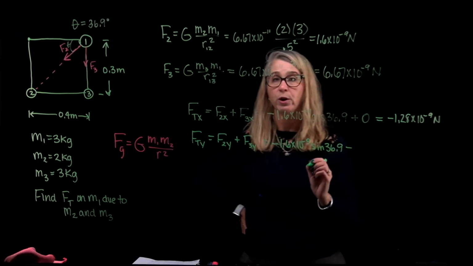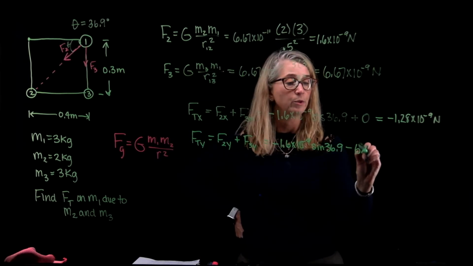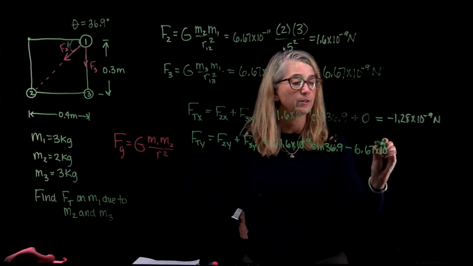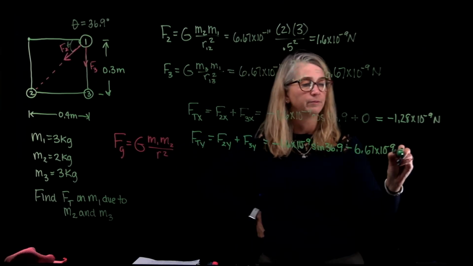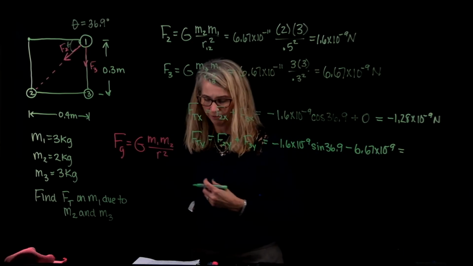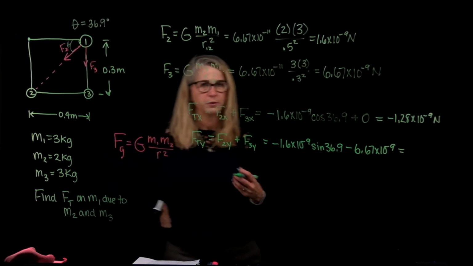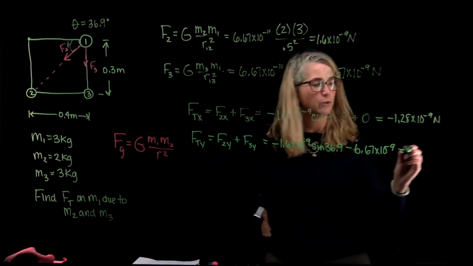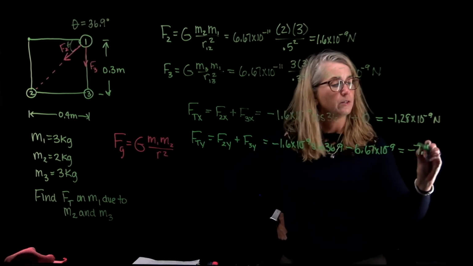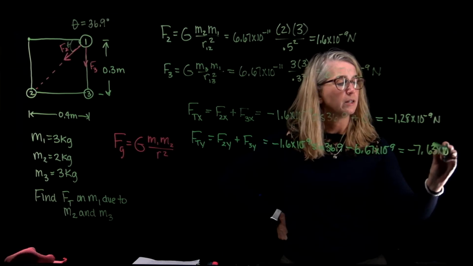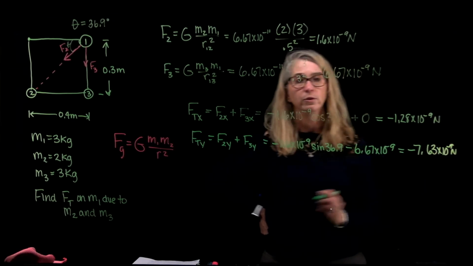And F3 is totally down, so I just add 6.67 times 10 to the minus 9. I shouldn't have said add, I should have actually said subtract. I think I was thinking add a negative. I know what I'm doing, don't worry. So the total y component is minus 7.63 times 10 to the minus 9 newtons.